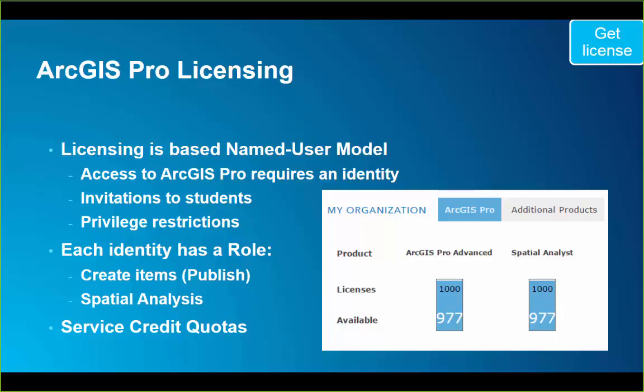Now, there are some ArcGIS Pro analysis tools that are tethered to ArcGIS Online, so it will be important to note what you currently have access to versus what you're trying to accomplish. Related to this, credit quotas imposed by your school's ArcGIS Online administrator also apply when using ArcGIS Pro. You can refer to some of our previous webinars for more information on credit management, or just send me an email afterwards and I'll gladly send you the links as well.